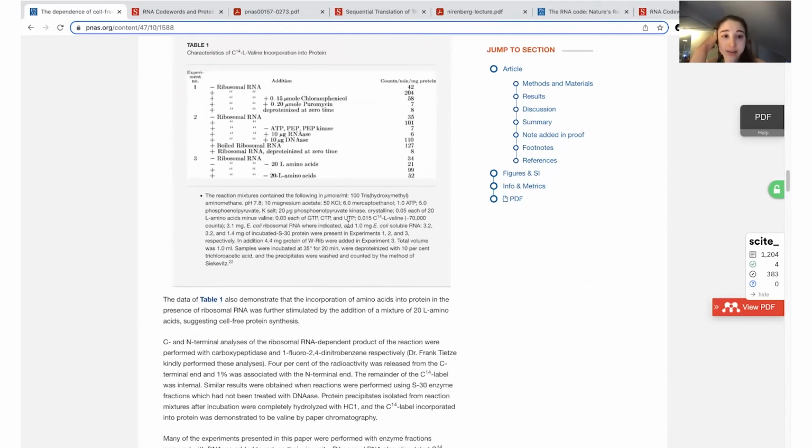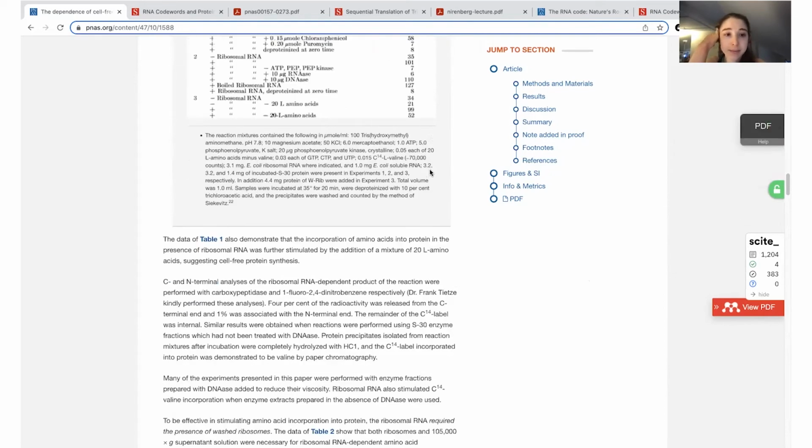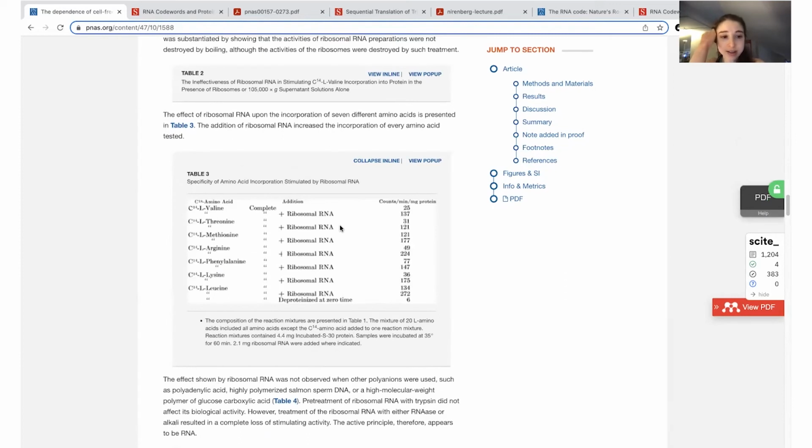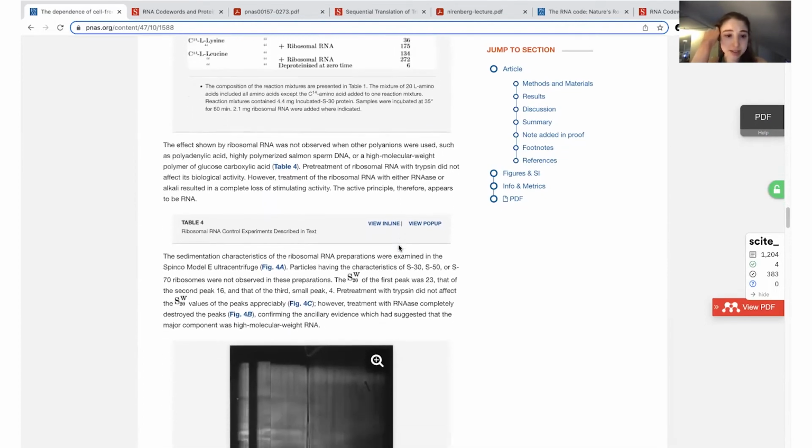Then they tested various things. They tested, you need amino acids, that sort of thing. You can see too that they tested various amino acids, and they see that they're all getting incorporated, which is consistent with proteins getting made.